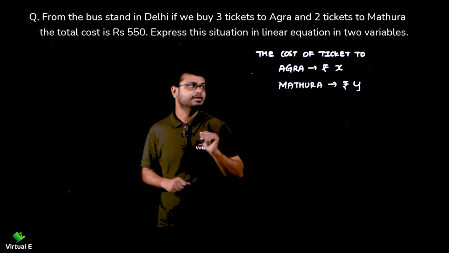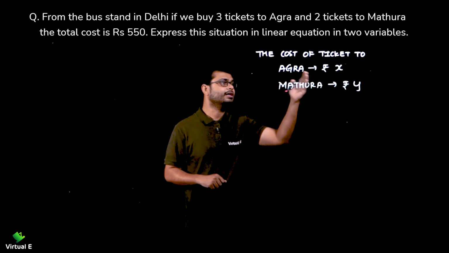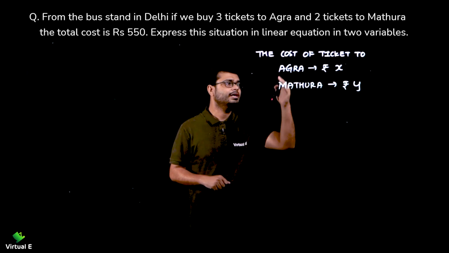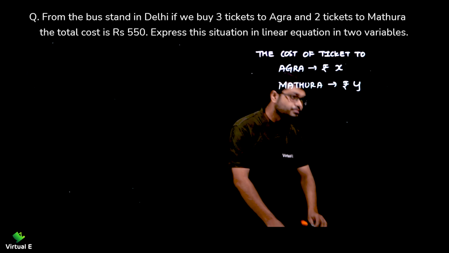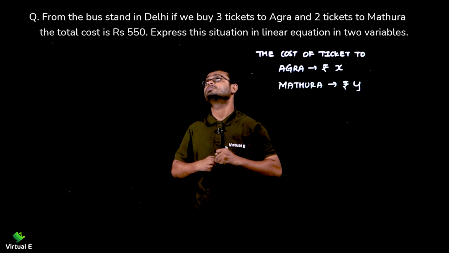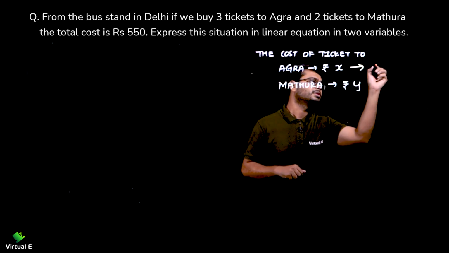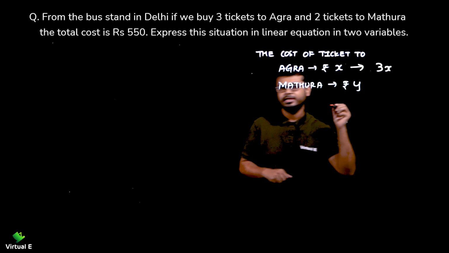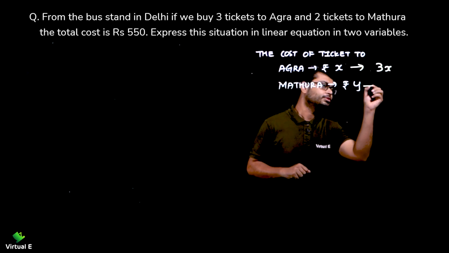Okay, that's done. We have identified the two quantities: the cost of ticket to Agra and the cost of ticket to Mathura. Now one more thing, for Agra we are taking 3 tickets. So how can we get it? That will become 3x, 3 times. And for Mathura, we are taking 2 tickets.